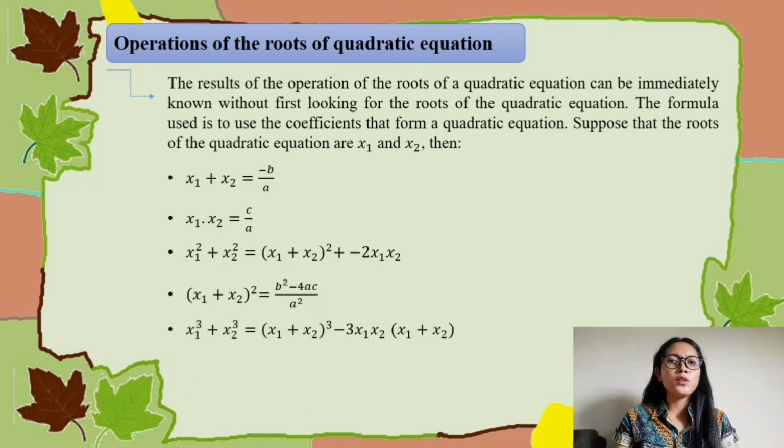Next, x1 cubed plus x2 cubed equals quantity x1 plus x2 cubed minus 3 x1 x2 times quantity x1 plus x2. Next, 1 over x1 plus 1 over x2 equals x1 plus x2 over x1 times x2.